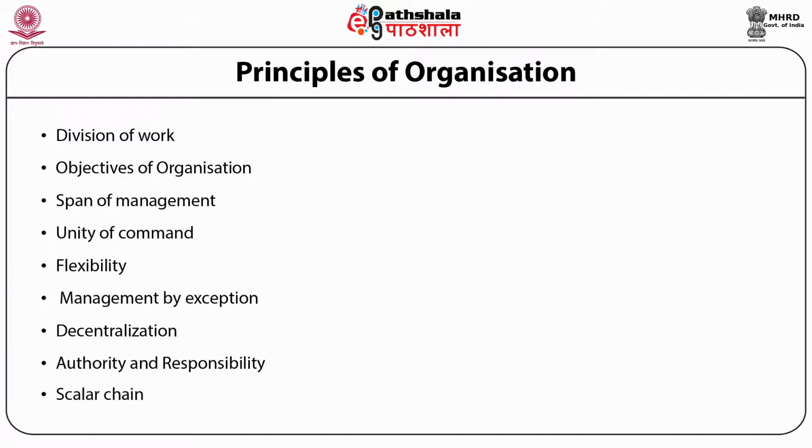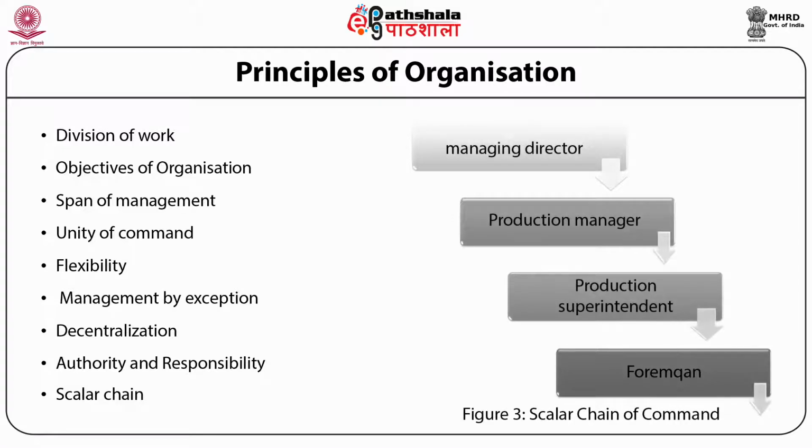Ninth is scalar chain. Scalar chain means a stepwise chain of superior-subordinate relationships which starts from top management and ends at supervisory level. A scalar chain has been shown in figure below. It links all managerial positions from top to bottom.